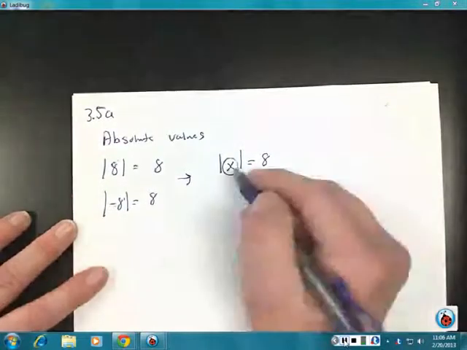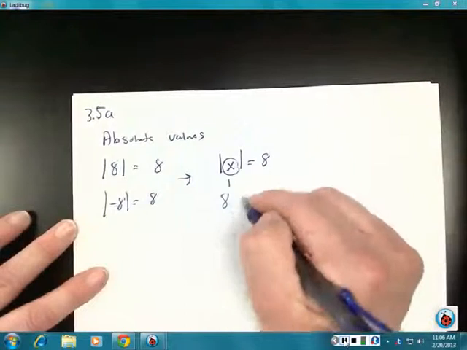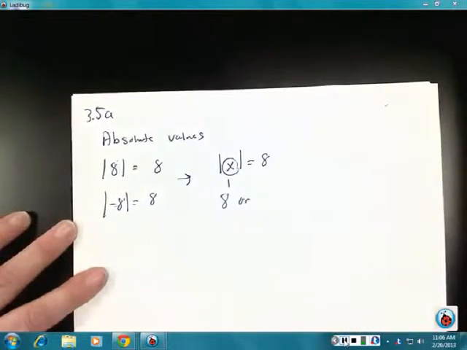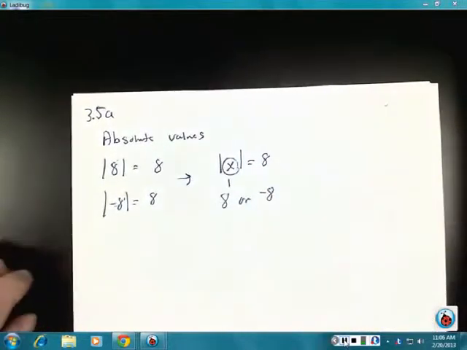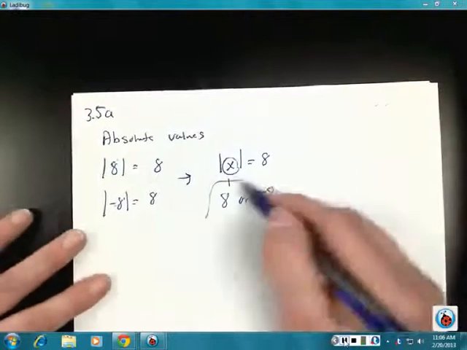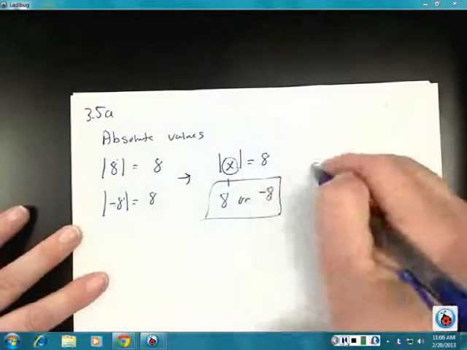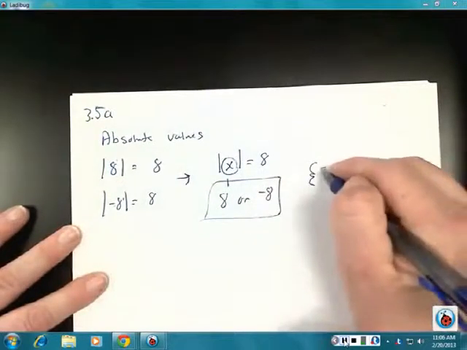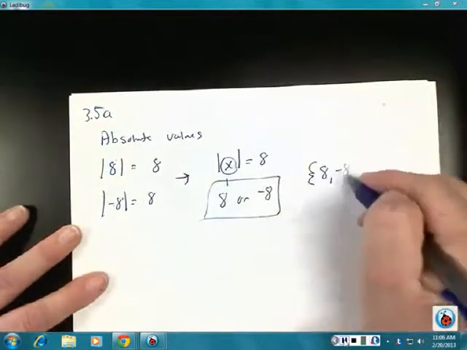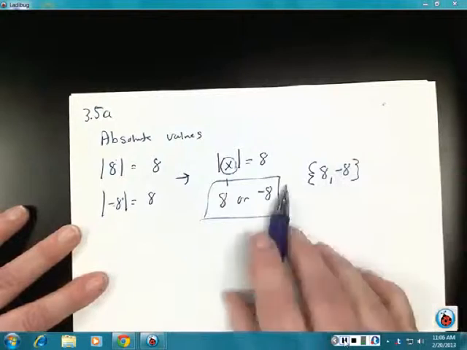Well, x could be an 8, or x could be a negative 8. So it's like we have two possible answers that we could plug in for x. And so if I were going to write my solution out, I would write this in set notation because it could be 8 or negative 8.